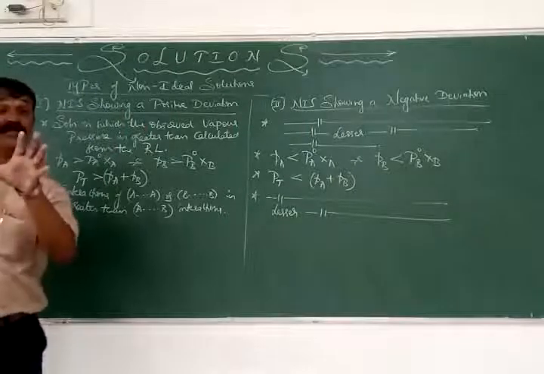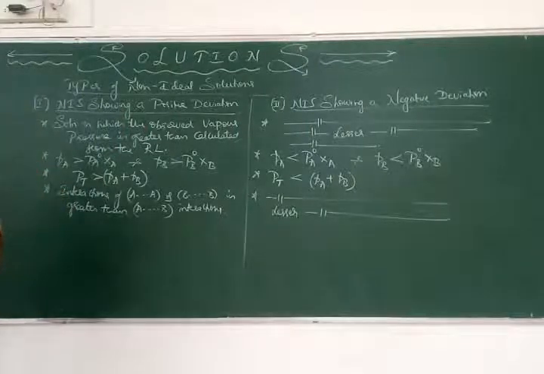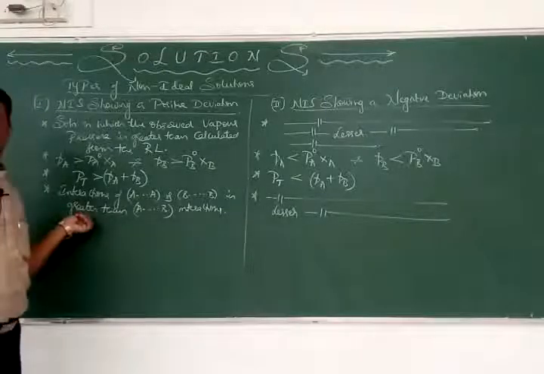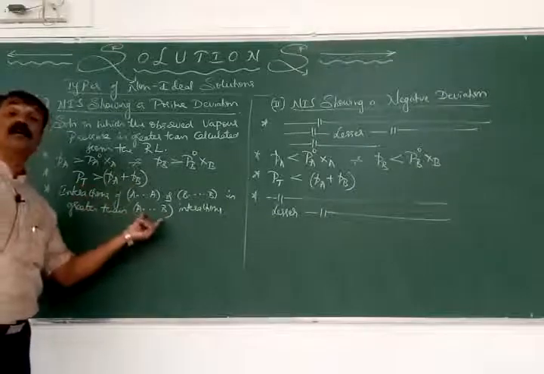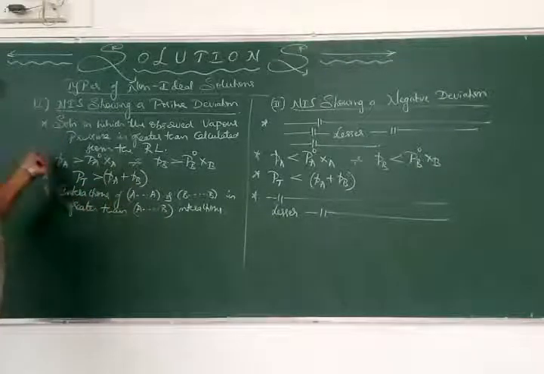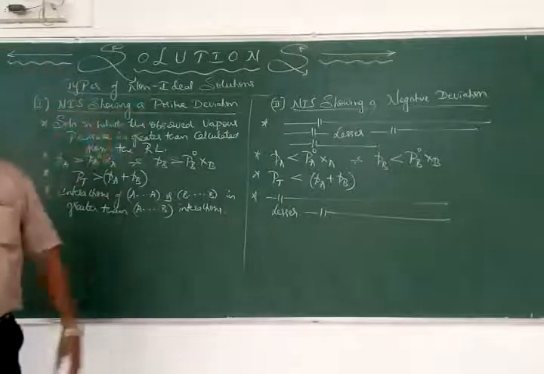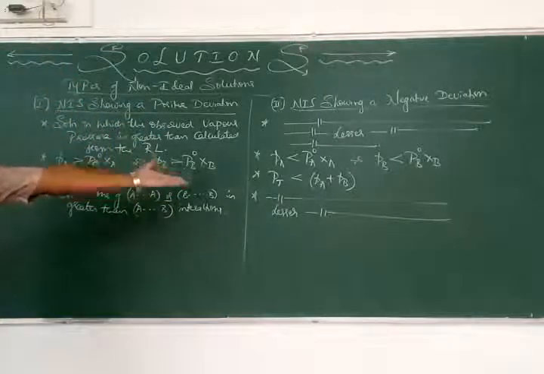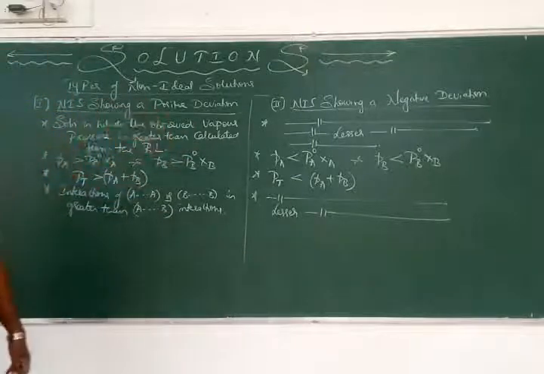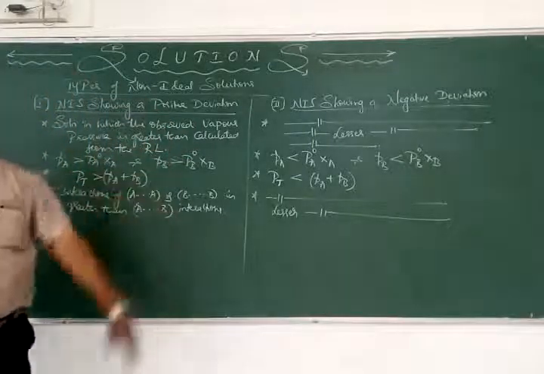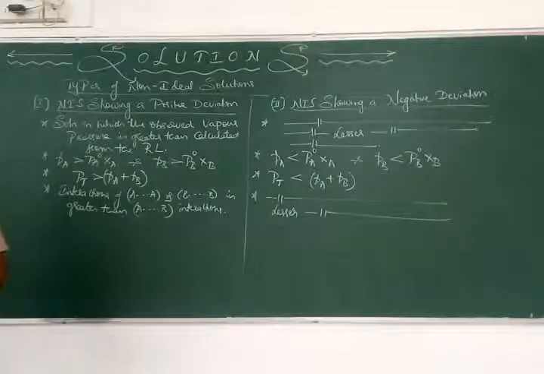If interactions of the individual liquid components are exactly equal to the interactions of the mixed components, then it is called an ideal solution. If it is not, it is called a non-ideal solution. If the interactions of the individuals are greater than the mixed component interactions, it is a non-ideal solution showing positive deviation. The same thing: if the interactions of the individual liquid components are less than the mixed interactions, that is A dot dot B, then it is a non-ideal solution showing negative deviation.